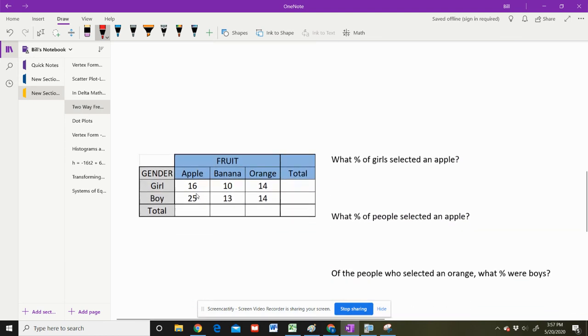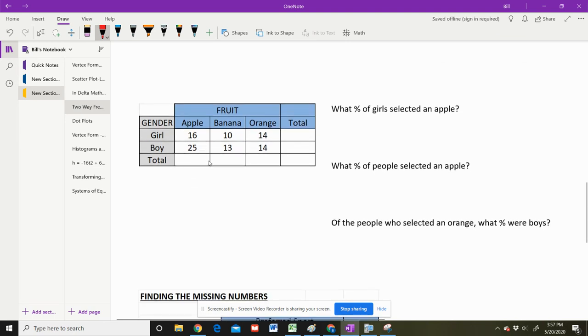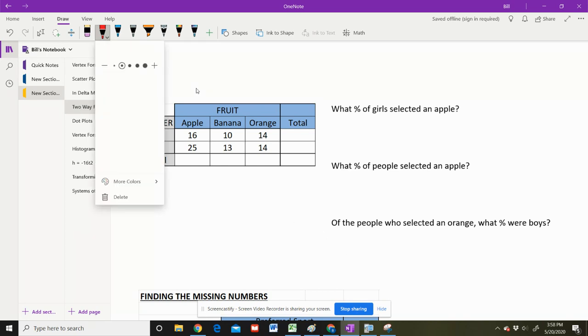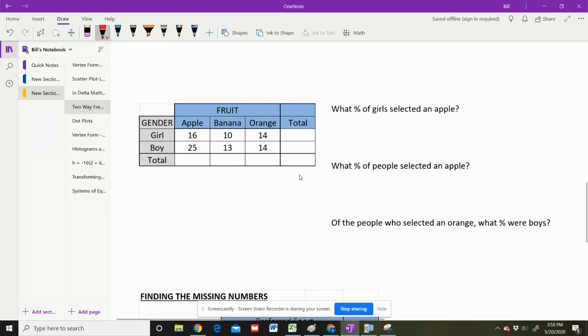So now I'm just going to ask you a couple questions, and then you're going to go on and we'll have a couple other questions after this as well. First one, what percent of girls selected an apple? Again, we know that we have a total of 92 here, right? So 92 we had total.